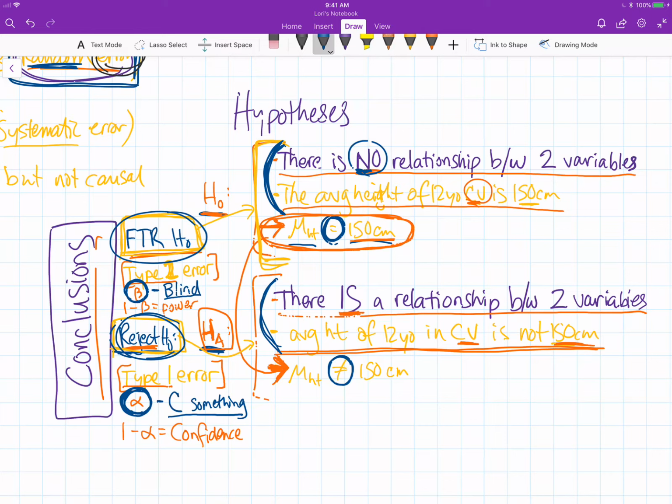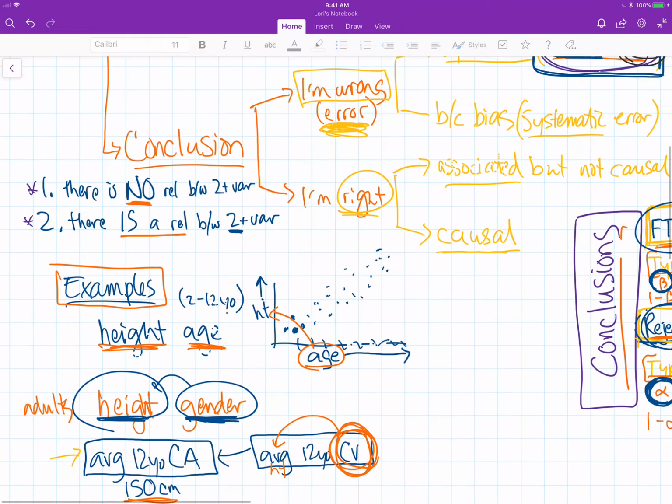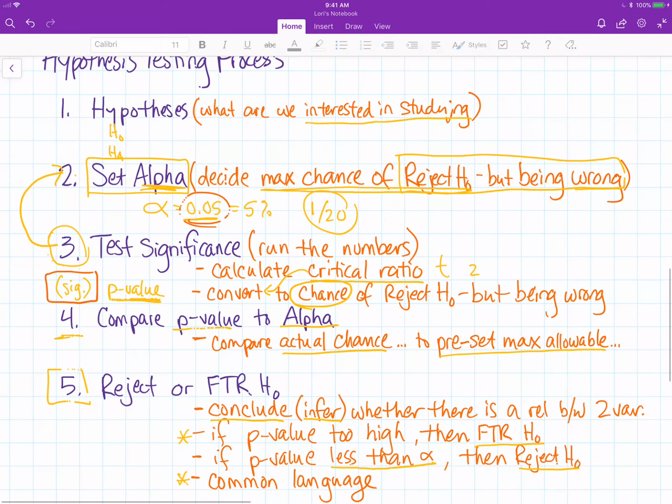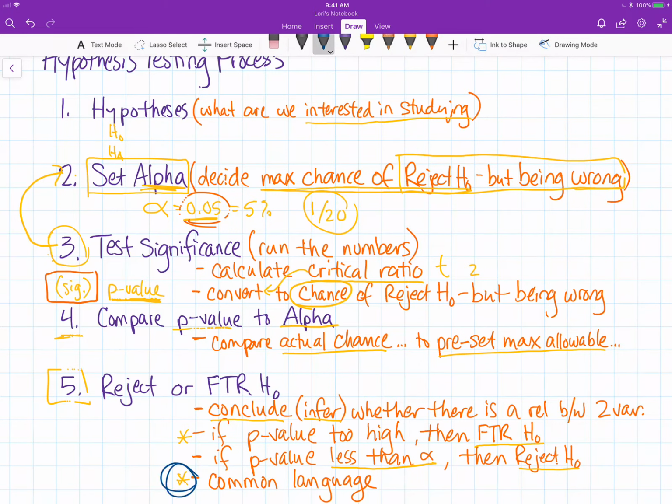It is not 150 centimeters, or it appears that there is a relationship between living in Coachella Valley and the height of being 12 years old. So converting this 5th step into something more like a common language version is really important to show that you know what you did.